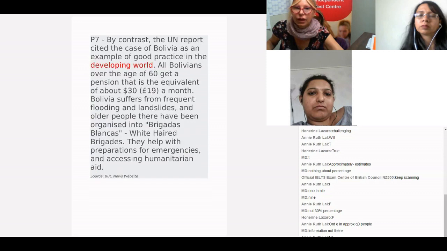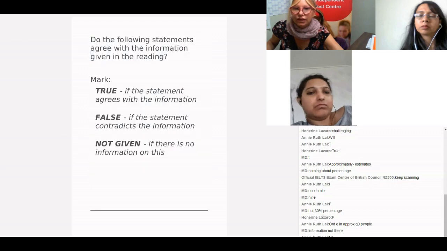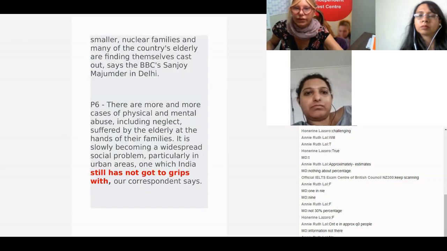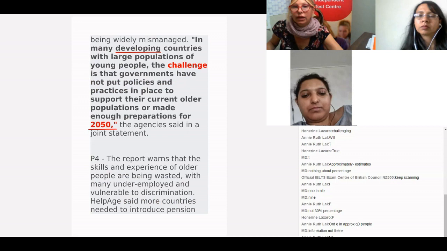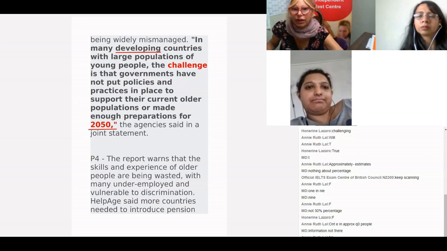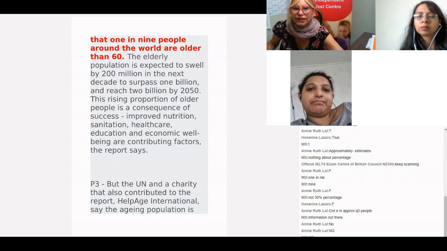Nothing there. Okay, we've got developing world there in paragraph 7, but there really isn't any information in the text about developed countries being better prepared.